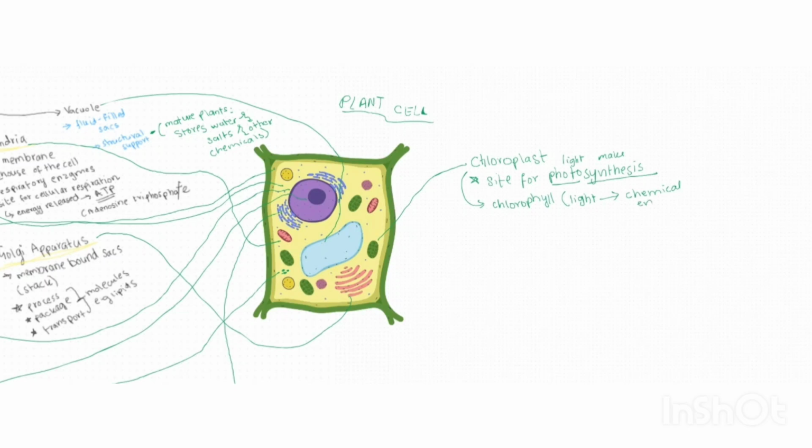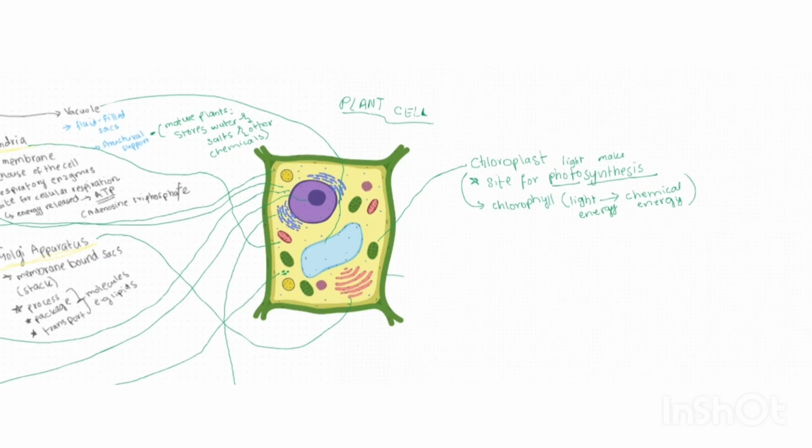Remember, in animals, it was the mitochondria using the respiration process to release energy, right? Over here, the chlorophyll is turning light energy to chemical energy. That's how plants get their food.